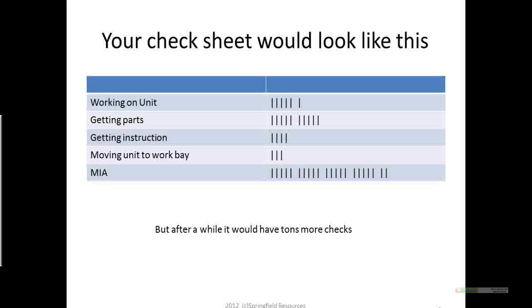And then there's always going to be a category for missing in action. They're not necessarily missing, you just didn't see them. But in any analysis, missing in action is going to be one of your bigger things. And you'll just add that to the analysis.